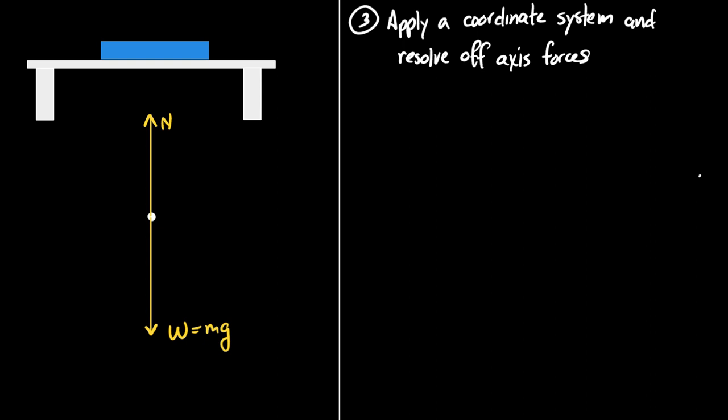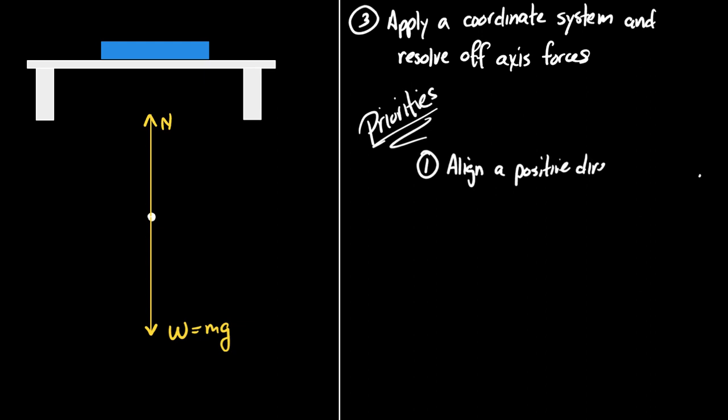There are two priorities here. You can draw your coordinate system any way you want, but if you want to have a chance at solving the problem, follow these priorities. Priority number one is to align a positive direction, X or Y or Z, with the direction of the acceleration.